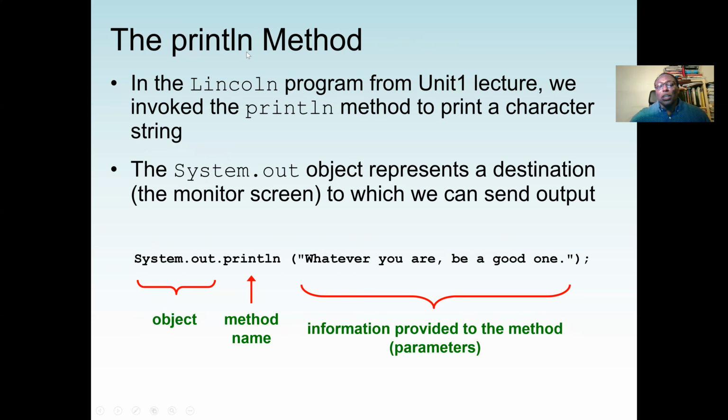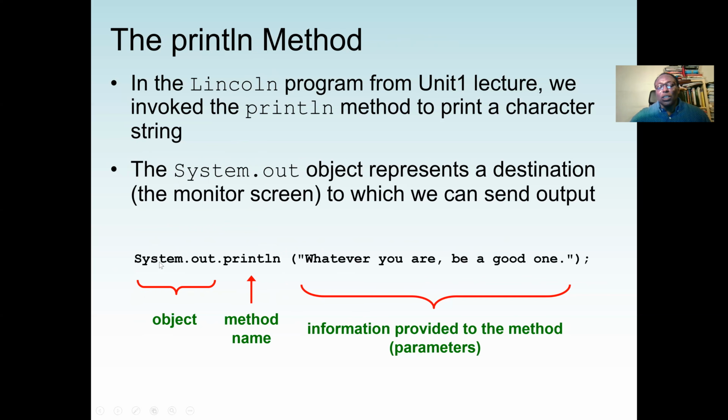This println method is a built-in method. We don't need to write it. And it belongs to System.out. So anytime I'm going to use println, I have to include the object System.out. System.out.println means we want to print an item on our screen or the monitor screen.